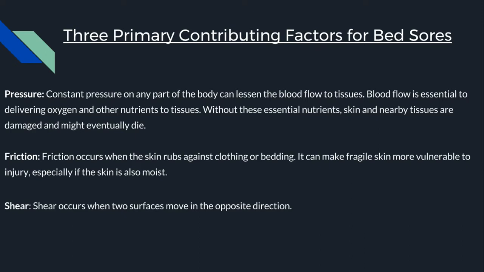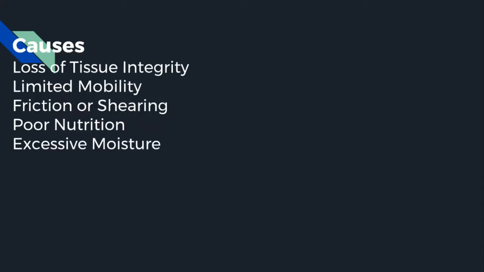Shear occurs when two surfaces move in the opposite direction. Additional causes that increase the risk of skin breakdown are poor nutrition, especially a lack of protein. Lack of protein also delays healing of a skin breakdown.